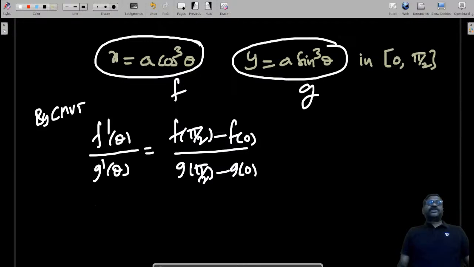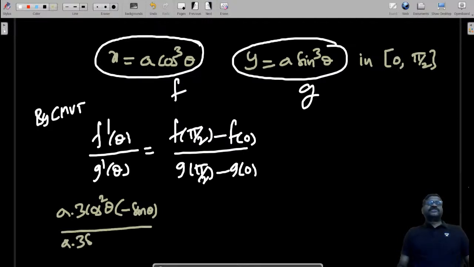Differentiation of F with respect to theta is a into 3 cos square theta into minus sin theta, by a into 3 sin square theta into cos theta. Functional value of F at pi by 2 is 0. Functional value at 0 is a. G of pi by 2 is a. G of 0 is 0.